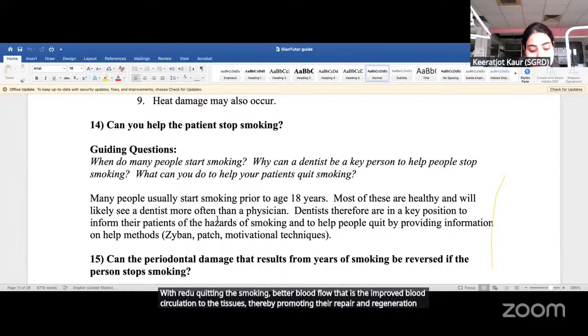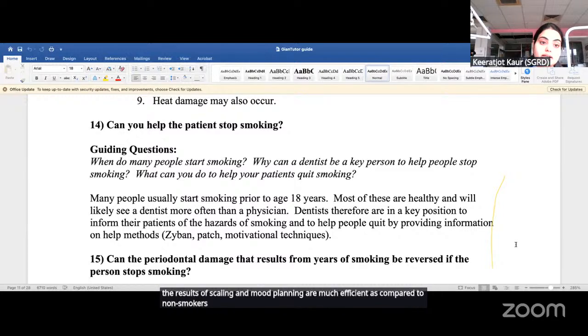There are higher chances of an improved immune response, which is generally suppressed by continuous smoking over the years. In smokers the treatment success is reduced as compared to non-smokers, so with quitting smoking, the results of scaling and root planing are much more efficient.